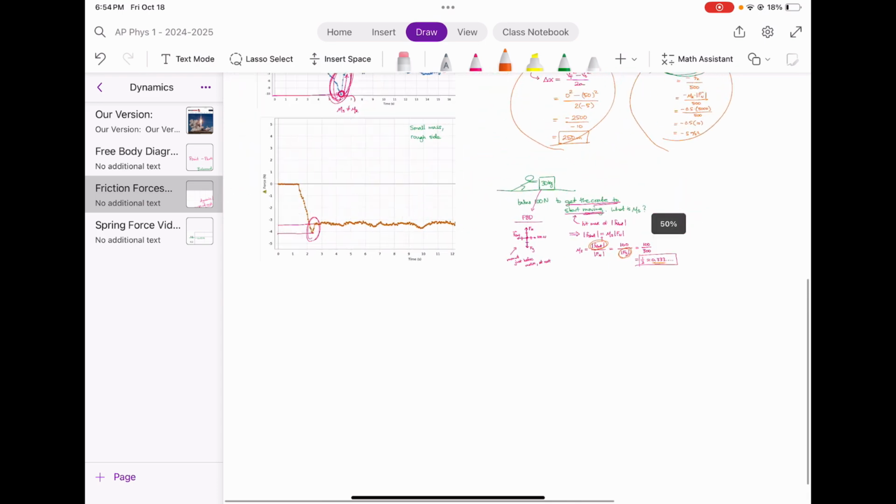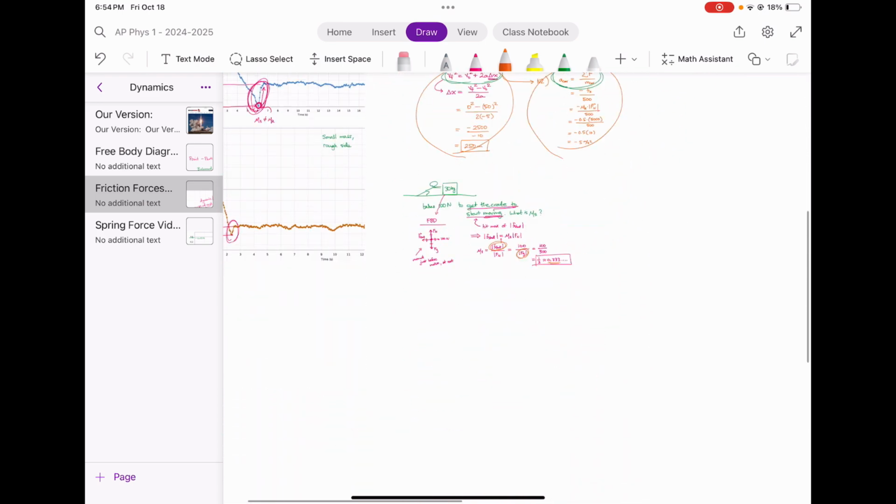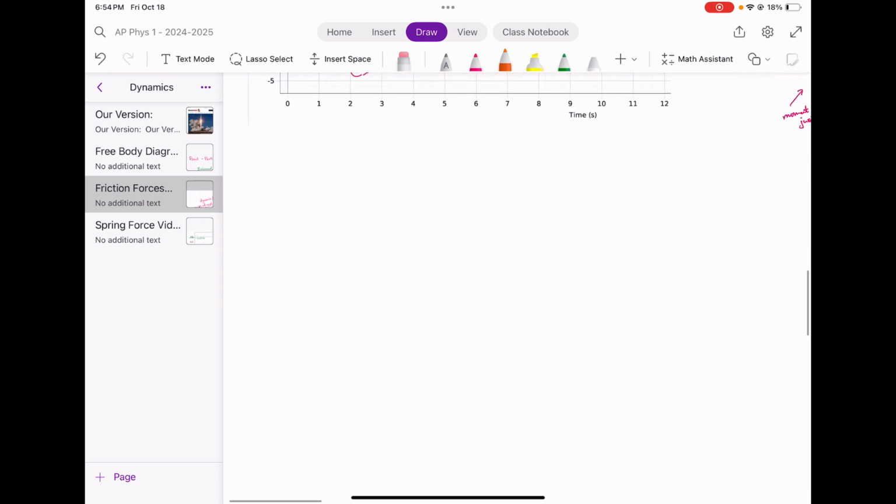And lastly, let's see, what other space do I have? Let's maybe do it below this graph here. Let's do one that doesn't involve any numbers, because you will see problems like this on the AP test. In fact, let's do one that involves a spring.